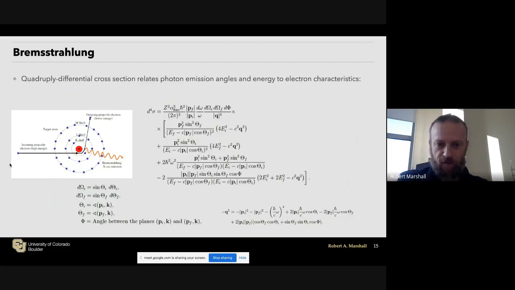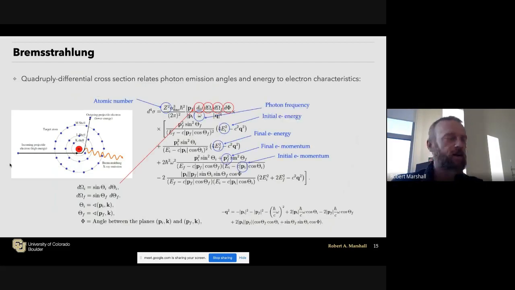This is the quadruply differential cross-section for Bremsstrahlung. I don't know why I put this into my talks. I did this a couple years ago, and it's kind of ridiculous. Just to show how complicated it is, I guess. Well, I'll give you the takeaway.